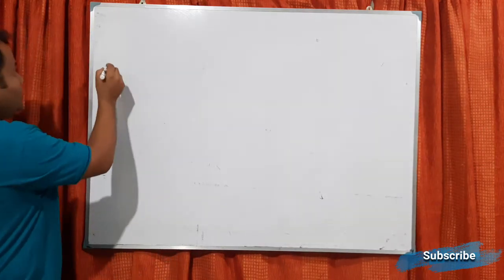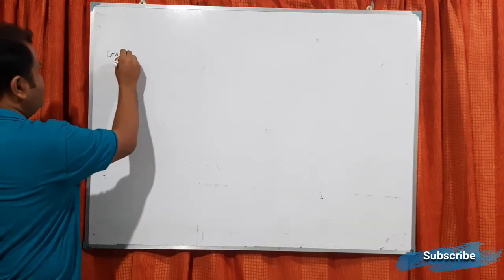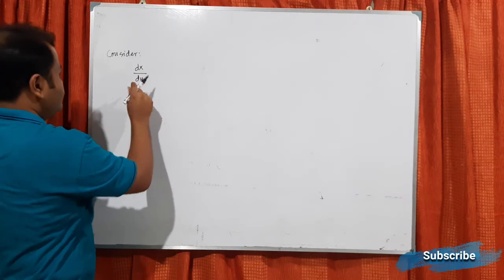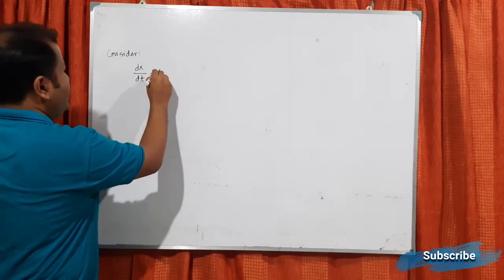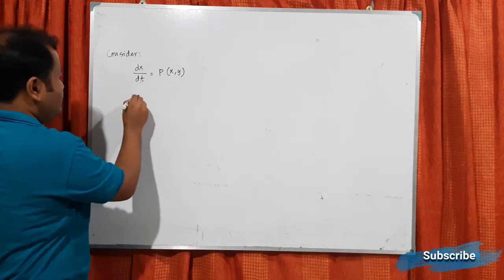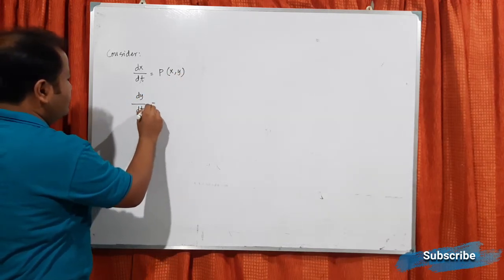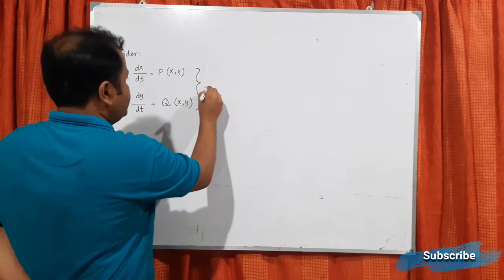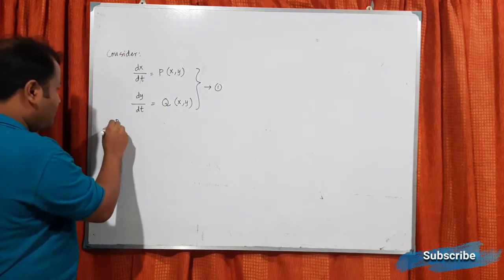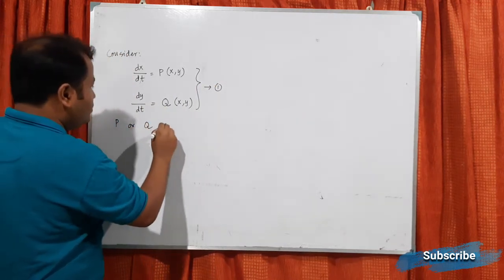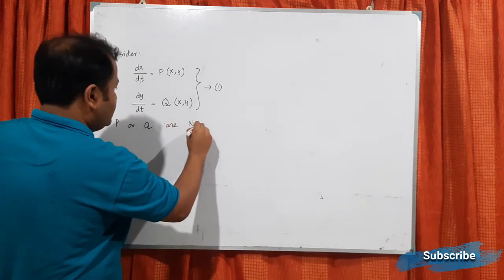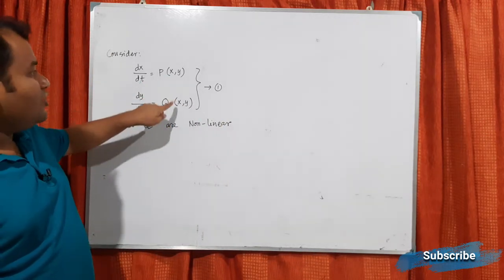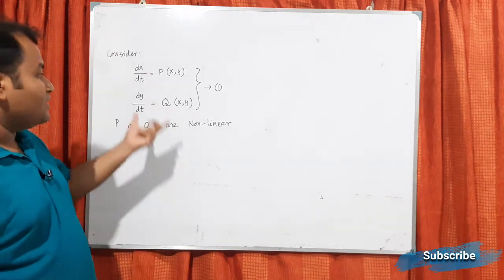Suppose we consider another system of equations, system number 1: dx/dt equals p(x,y) and dy/dt equals q(x,y), where p or q, or both of them, may be non-linear.